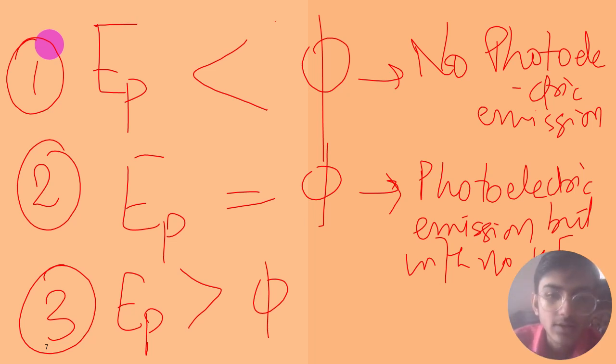Now, when EP is greater than phi, suppose the energy of the photon is 15 electron volt and phi is 10 electron volt, then no issues.